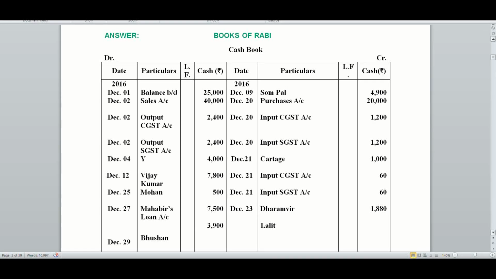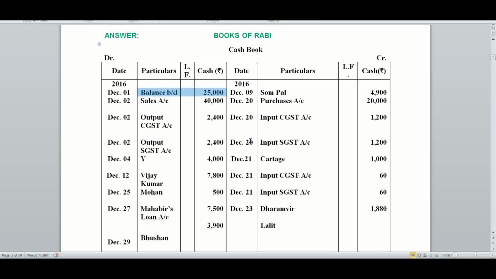In this question, the first one is your cash in hand. This is the opening balance on December, and this is 25,000. So this is written on the debit side of the cash book as it is a favorable balance.